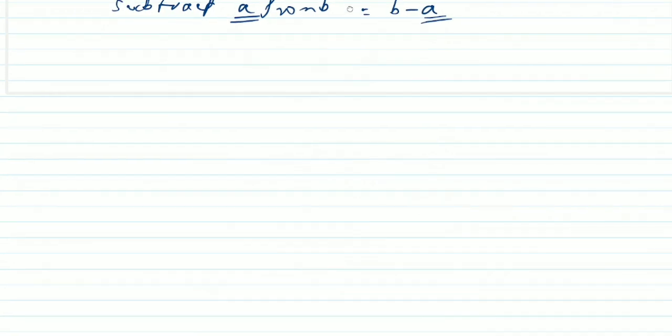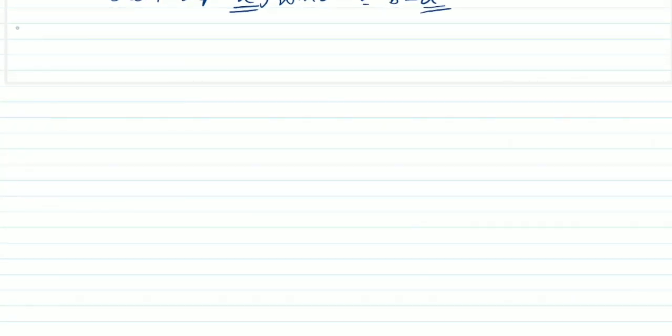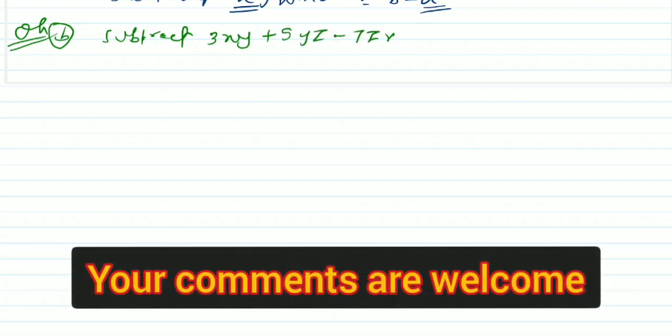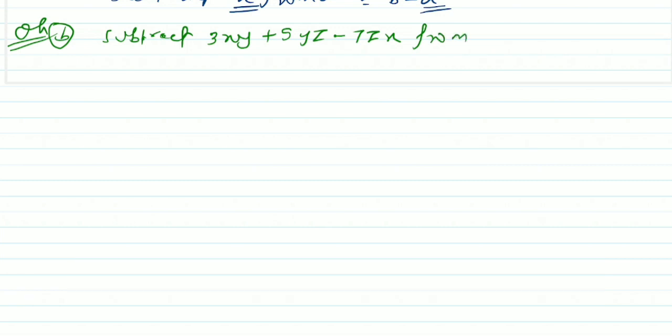So now we are going to solve the second question of it, question 4b. They are saying subtract 3xy plus 5yz minus 7zx from, we have to subtract this from 5xy minus 2yz minus 2zx plus 10xyz.